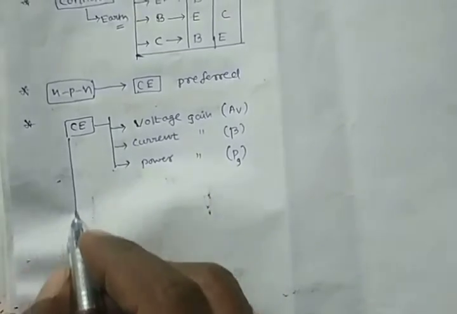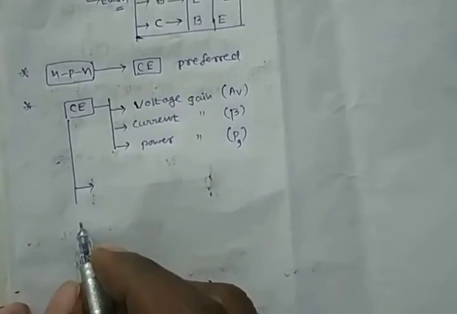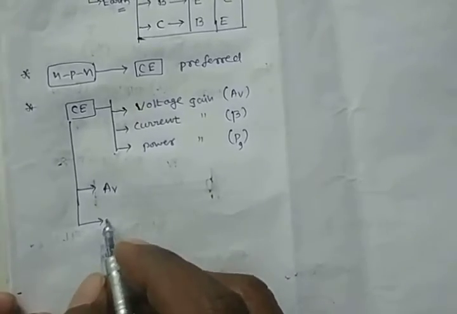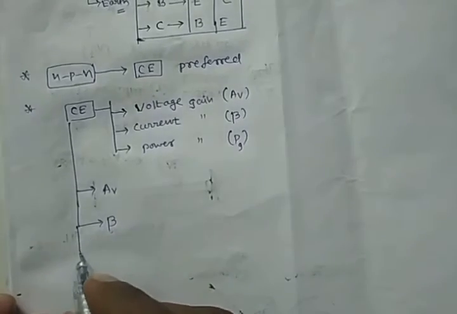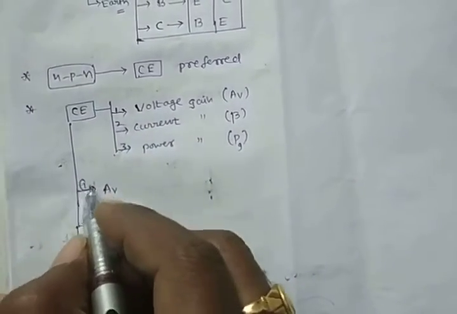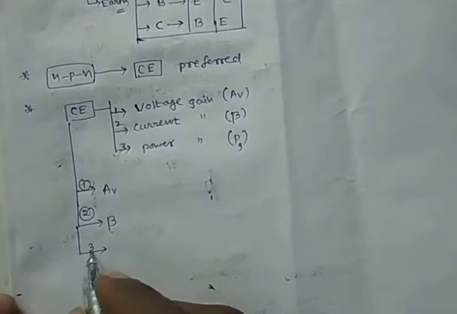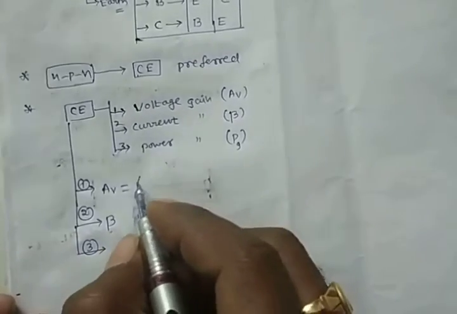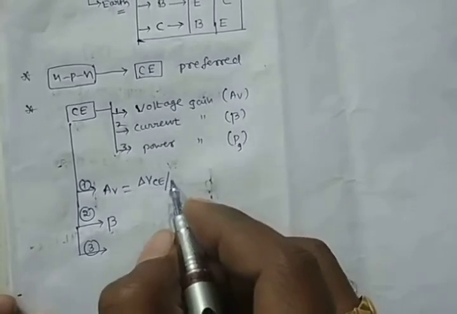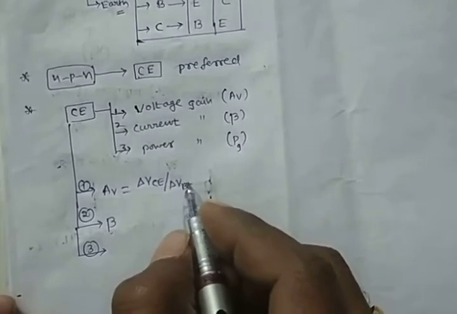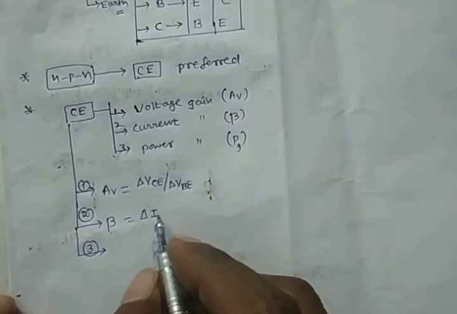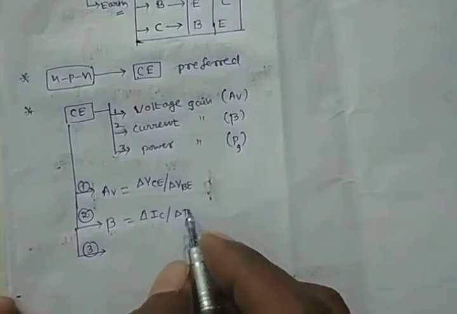So in this common emitter transistor, the voltage gain and current gain are represented as AV equal to delta VCE by delta VBE, and beta is represented by delta IC by delta IB.